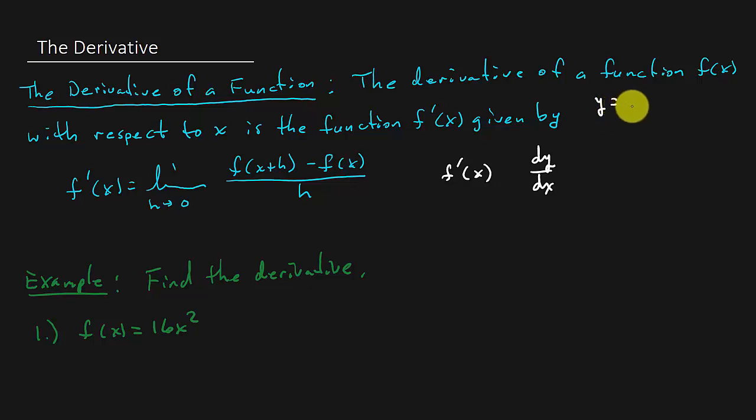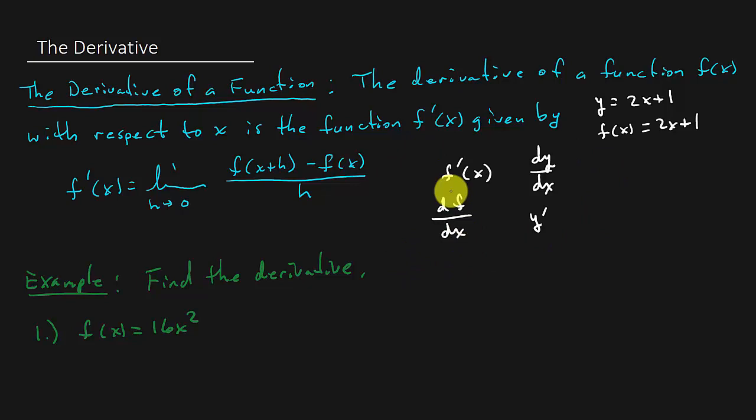If you have y equals 2x plus 1, you can write dy dx, or y prime. If f of x equals 2x plus 1, you can write f prime of x, or df dx. Those are just different notations to represent the derivative. It doesn't really matter which one you use.